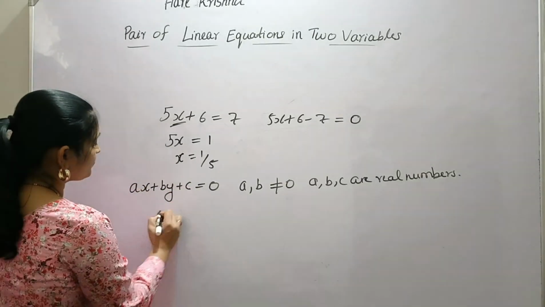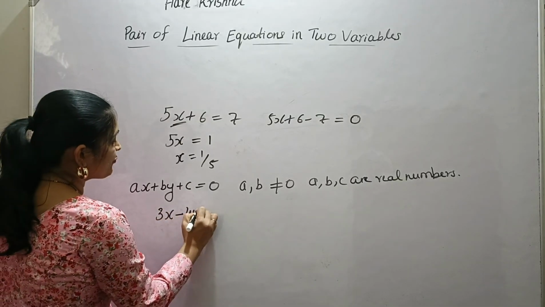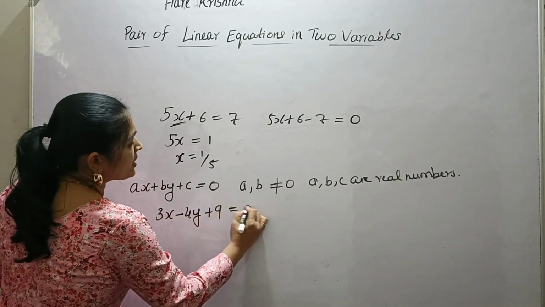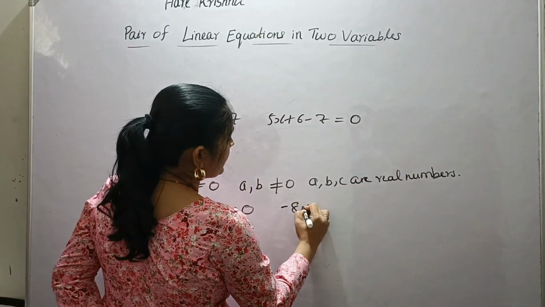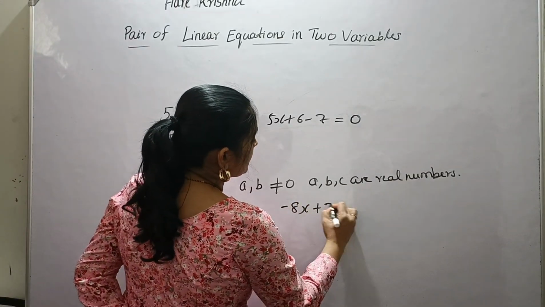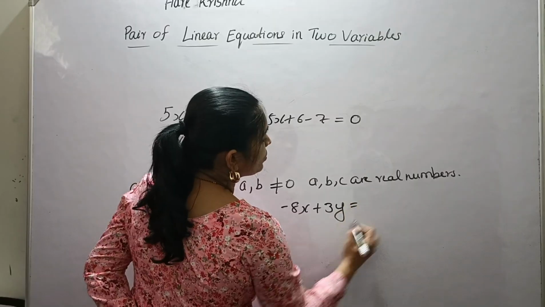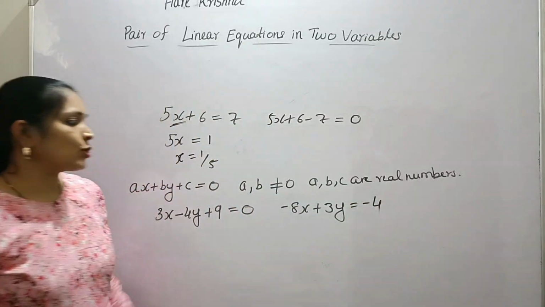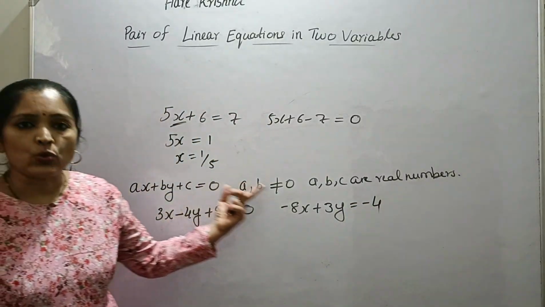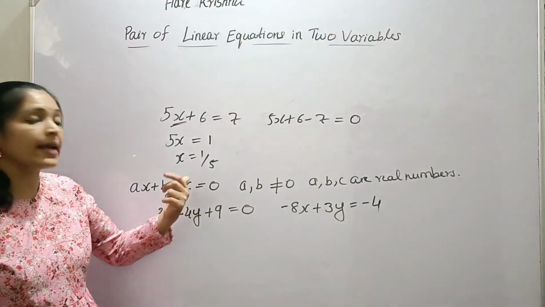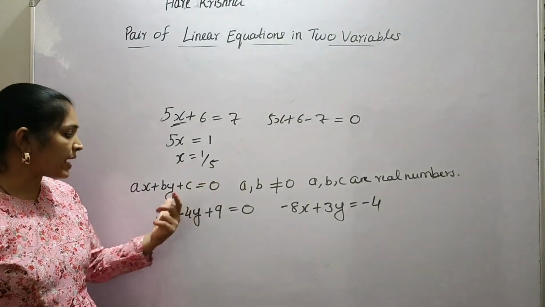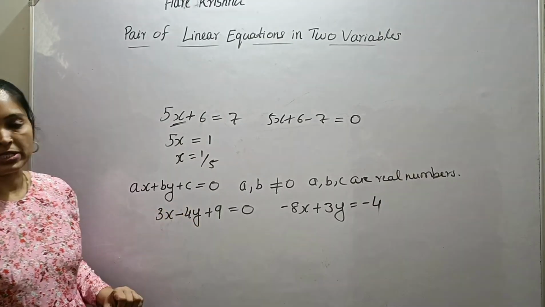For example, 3x minus 4y plus 9 is equal to 0, or minus 8x plus 3y is equal to minus 4. So these are linear equations in two variables, that is x and y, the unknown variables.